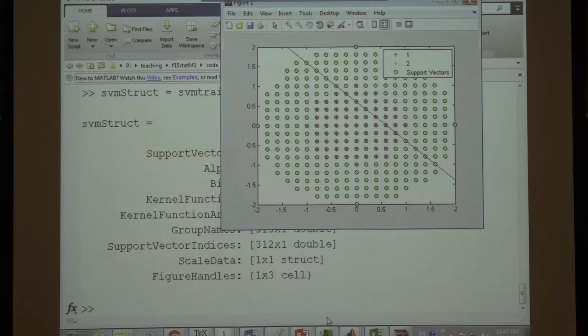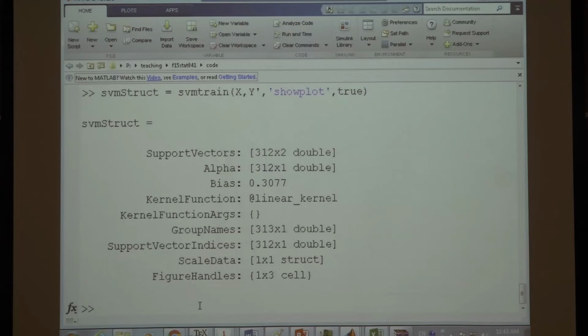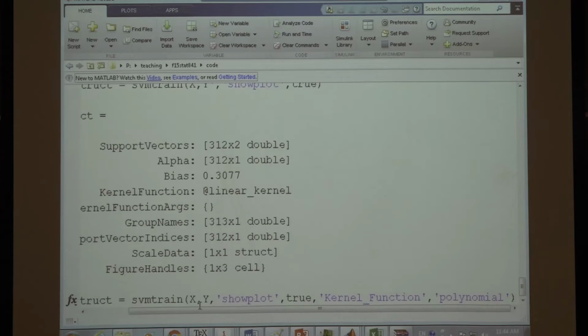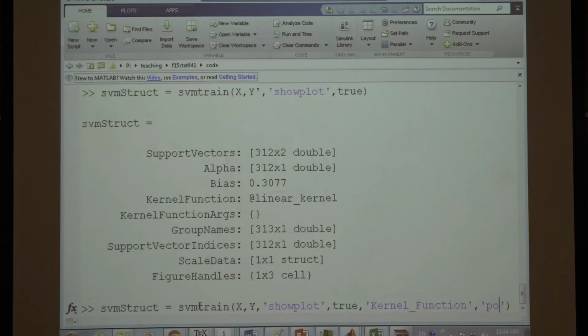So if we do this, I can add more parameters to this function. After true, I can say kernel function, so it's going to use a kernel function.